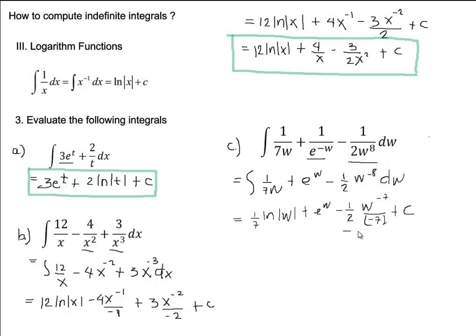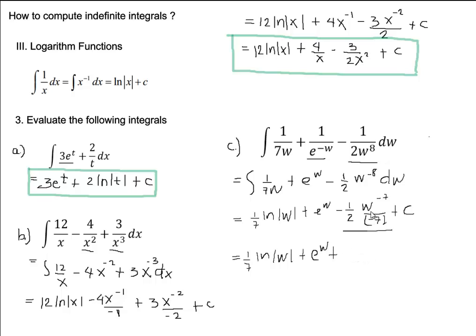Okay, simplifying, so 1 over 7 ln w plus e^w, so negative, positive.